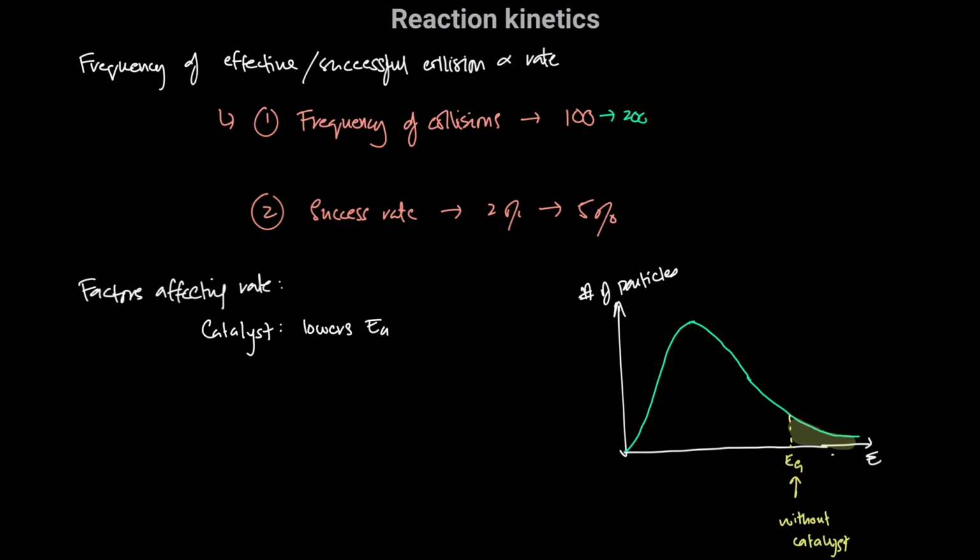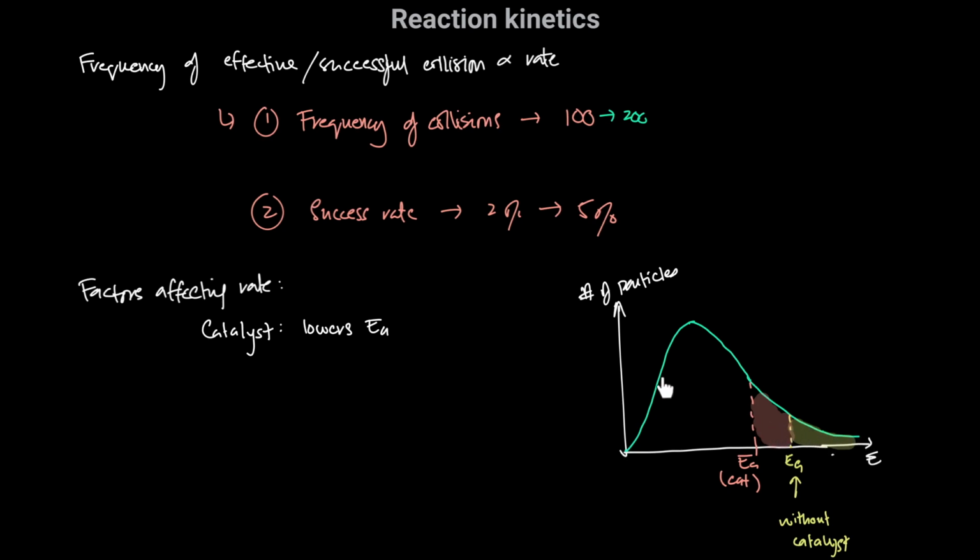If we add a catalyst, we lower the activation energy. So this is the activation energy with a catalyst. Now that we've lowered the activation energy, we have more molecules present that have energy greater than or equal to the activation energy. So now this total area, this area plus this area, represents the total number of molecules that will react.